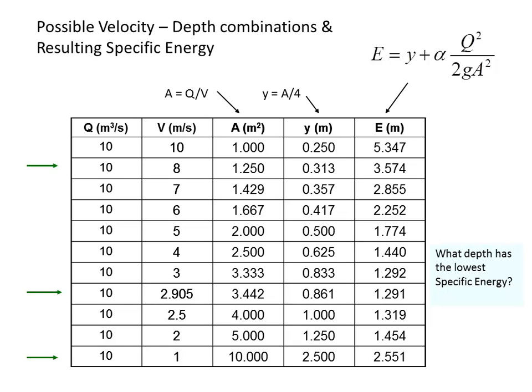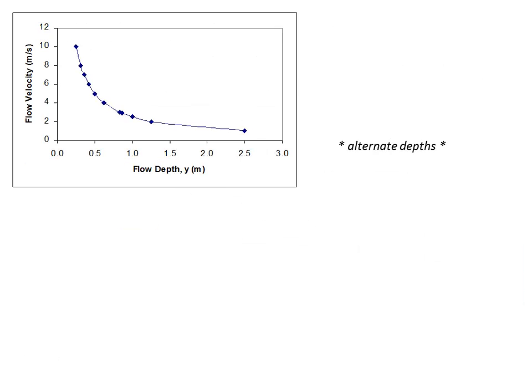Well, there's also going to be another place up in this zone between these two readings, between the 6 meters per second row and the 7 meter per second row, where there's going to be also another 2.55 meters of energy. And so this isn't just a line, it's actually a curve where if we want to take a look at flow depth versus velocity, this is the relationship.